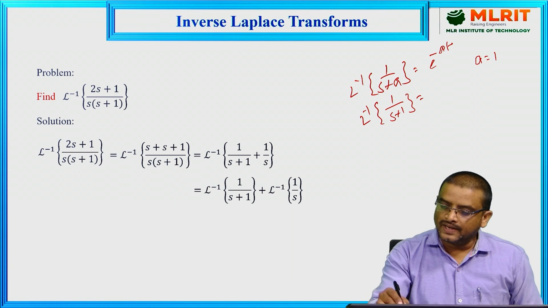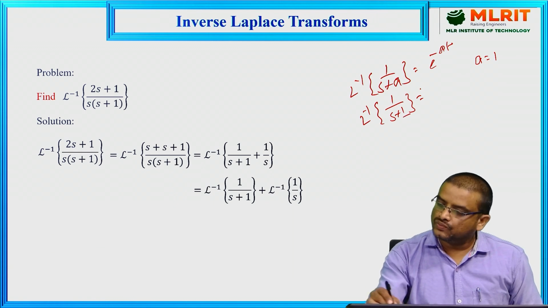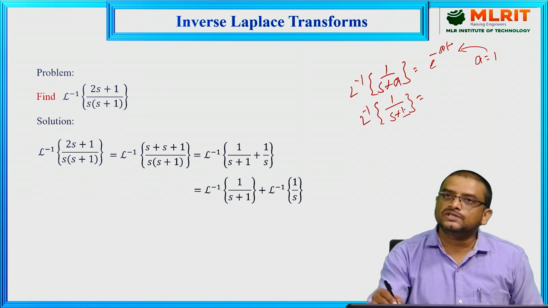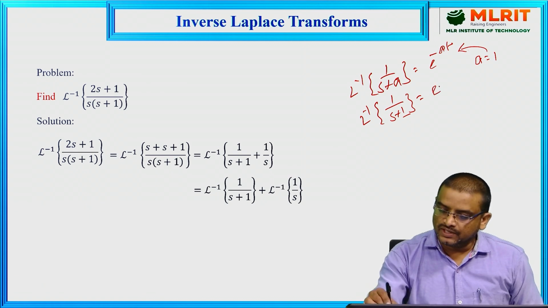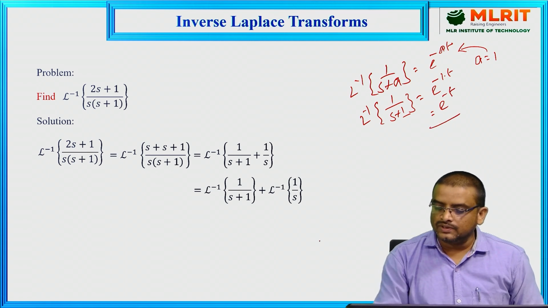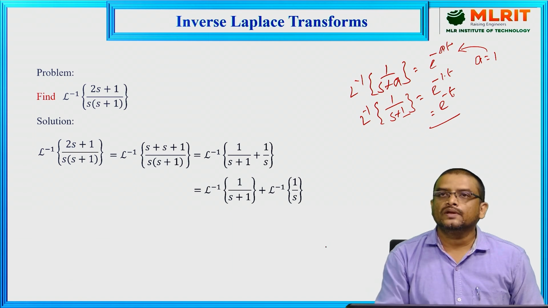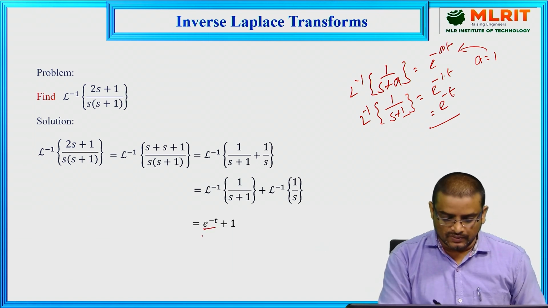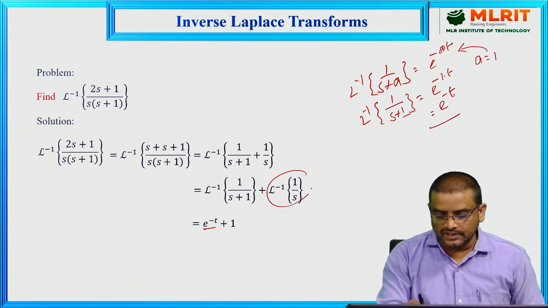By comparing, in place of a here we are having 1, so we can take a is equal to 1. Now you substitute that a value in the standard formula. You will get e power minus 1 into t, that is e power minus t. So L inverse of 1 by s plus 1 is equal to e power minus t, and this is our standard formula.